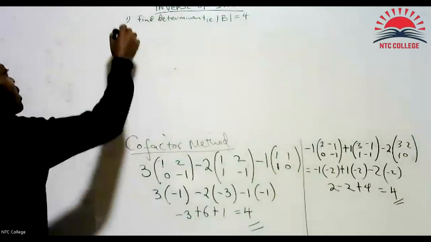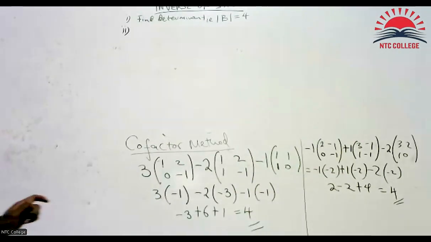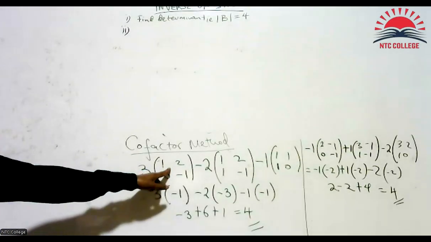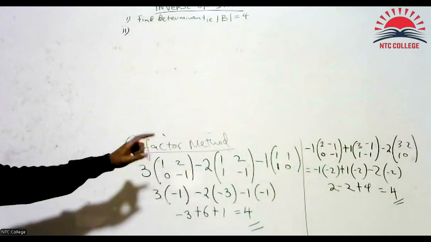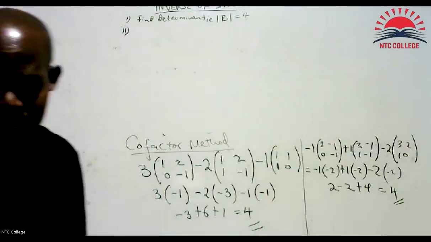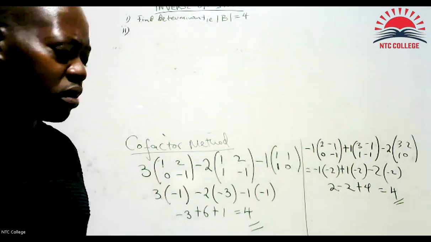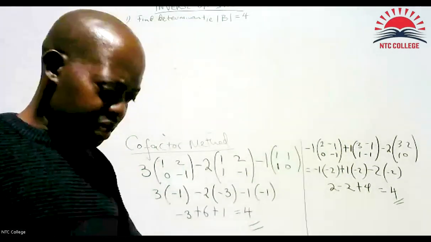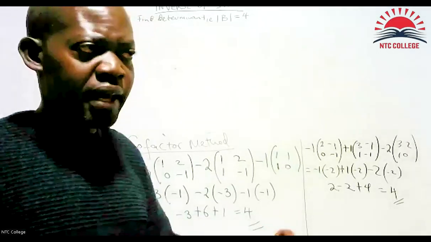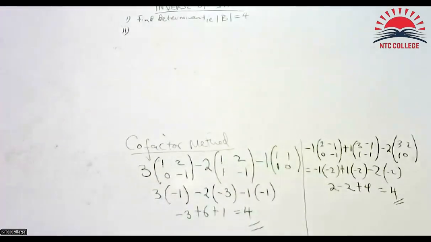Step number 2. This is what I want you to follow, and it is the reason why I told you I was keeping this data purposely, to explain this step 2. And by the way, as we go through this step 2, I would want to say it is the main area of applying matrices, and you will understand why I'm saying so.